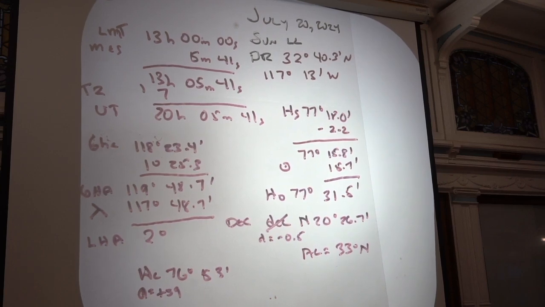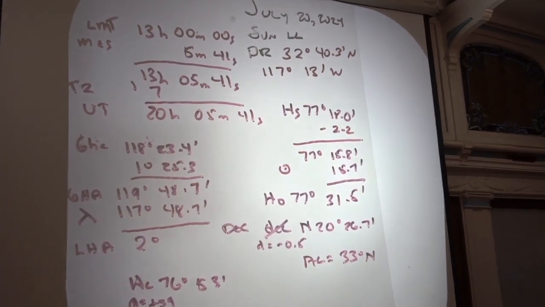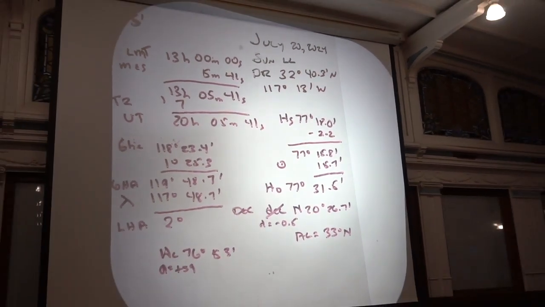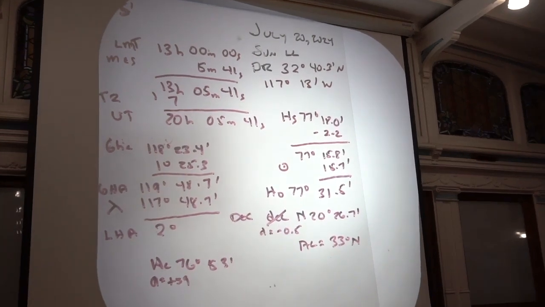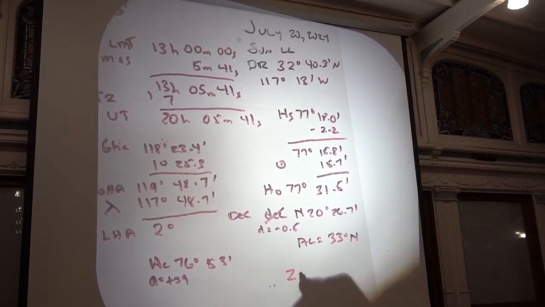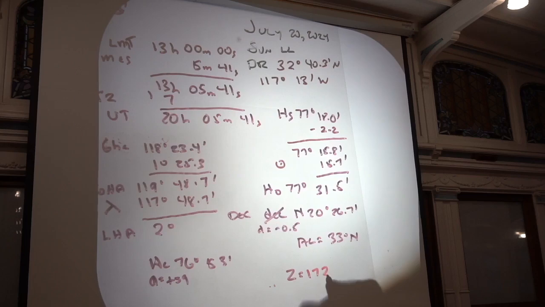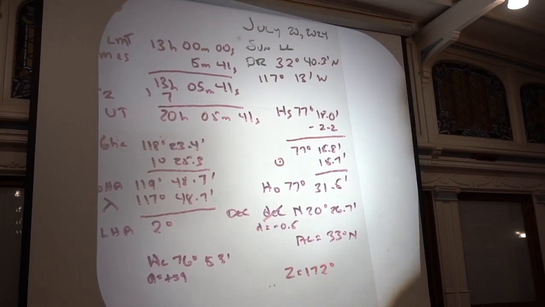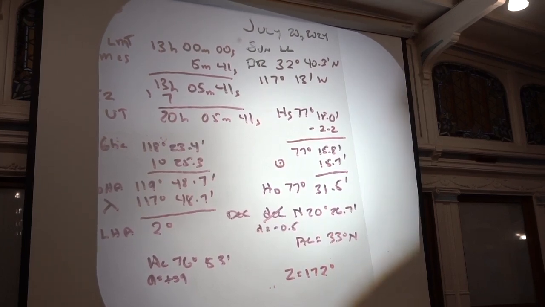So we're going 20 with 2, and that is 172. So we write the Z number down. Z equals 172 degrees. That's not quite the azimuth of the sun yet, but we're getting close.